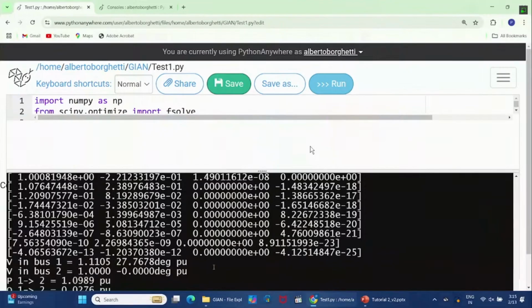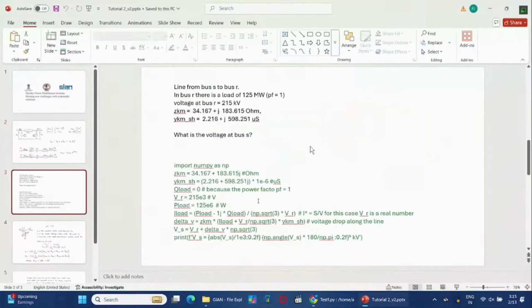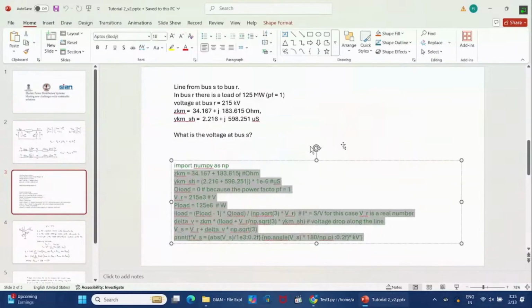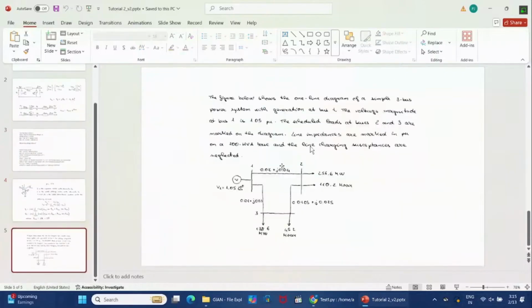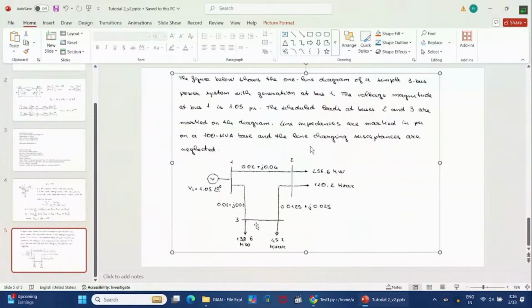Yes, apparently the same results can be obtained directly by the knowledge of the power and the voltage in bus 2, and then you get the current, and then if you copy and paste this in Python, you obtain the same result. But we have done this because we can also think to do this kind of problem that indeed has 3 lines, no? So we can implement this.